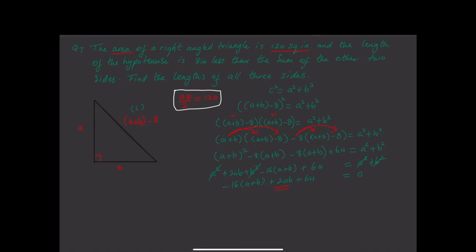This is very important. If you don't use this, then you can go on and you can make a mistake. So let's work out what 2AB would be.